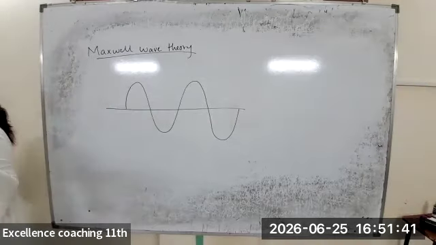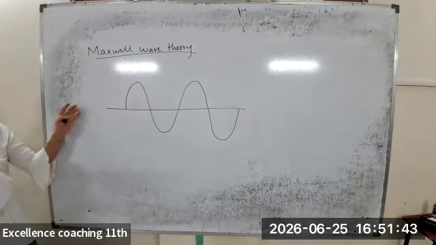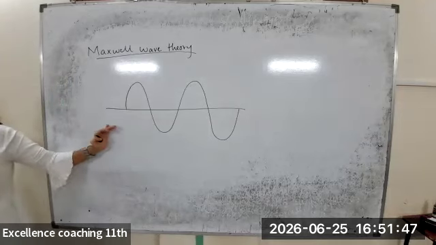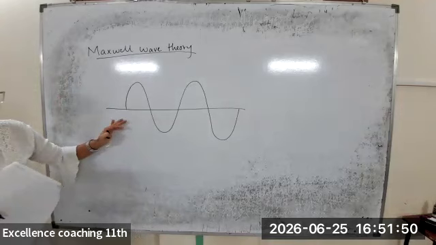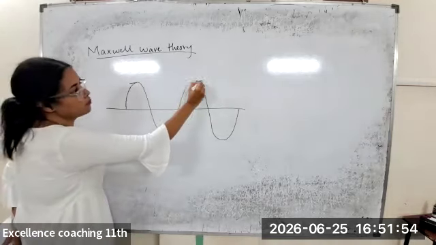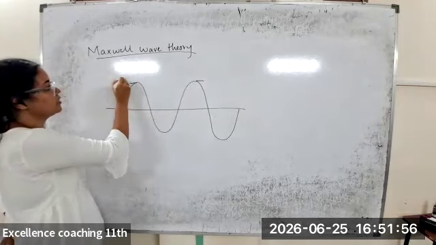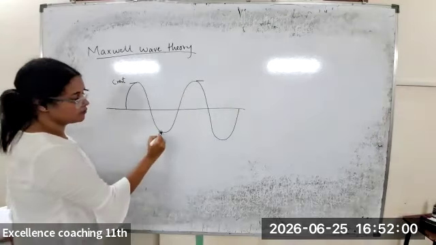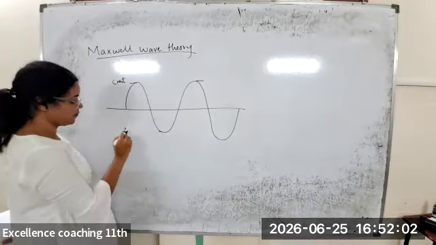So you all have to imagine that there is an electric and magnetic field which is perpendicular to this wave. Speaking about the waves, the topmost point is called the crest. And what is the down point?